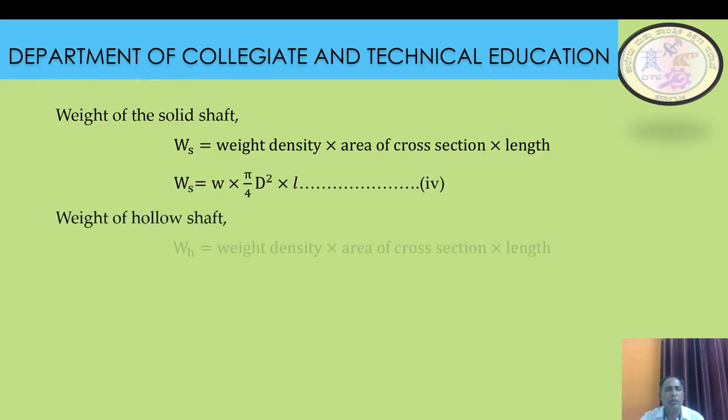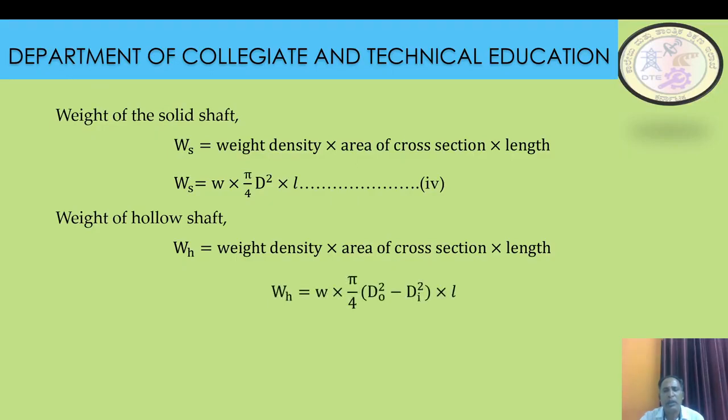Now the weight of the hollow shaft is equal to weight density into area of cross section into length. So WH is equal to weight density into pi by 4 into (DO square minus DI square) into L. That is weight density into pi by 4 into (DO square minus 2/3 DO squared), because DI is 2/3 times DO, into length.